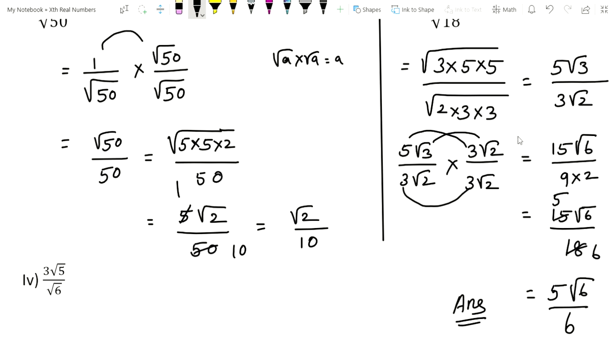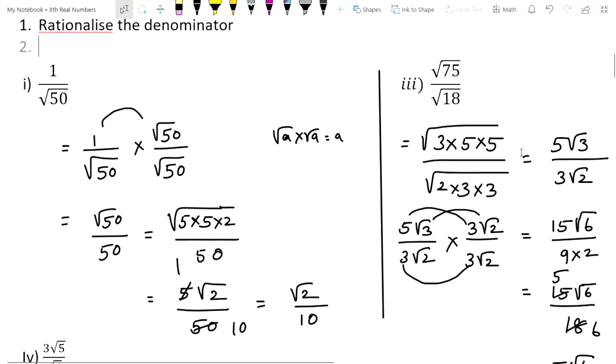I repeat this. First you split it. How can you split this 75? 3 into 5 into 5, divided by root 18, 2 into 3 into 3. Here two 5s are there, so one 5 you take out because this is a square root. So 5 root 3 divided by, here two 3s are there, so one 3 you take out. So 3 root 2. Now we are going to rationalize the denominator. In the denominator what is there? 3 root 2.